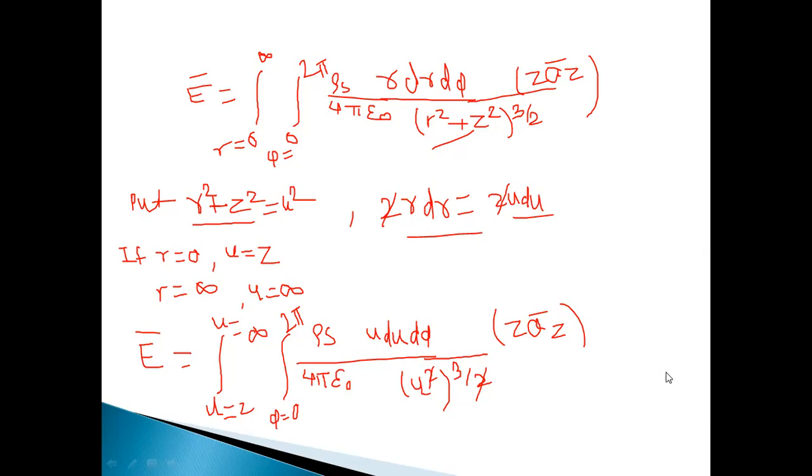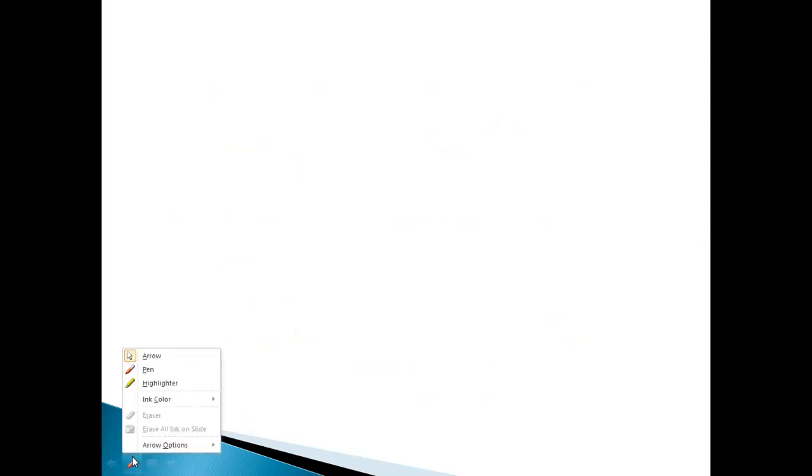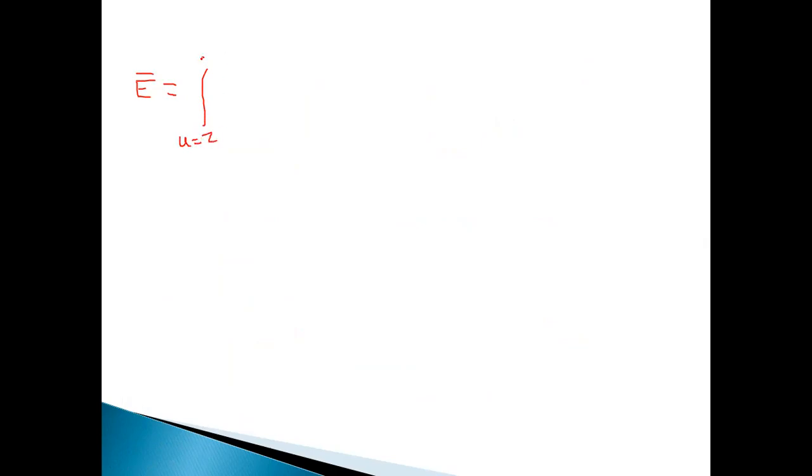So I'll take the next slide. Here E bar is equal to, I'll directly write the 1 upon u square. E bar is equal to the integration where u varies from z to infinity, and phi varies from 0 to 2 pi, of the surface charge density rho s divided by 4 pi epsilon 0.